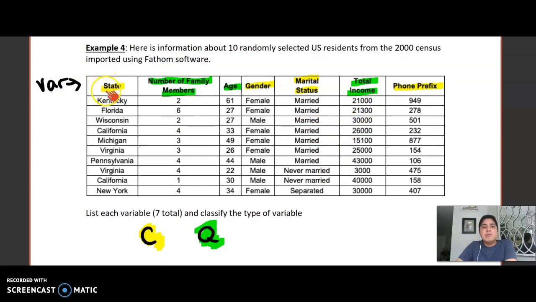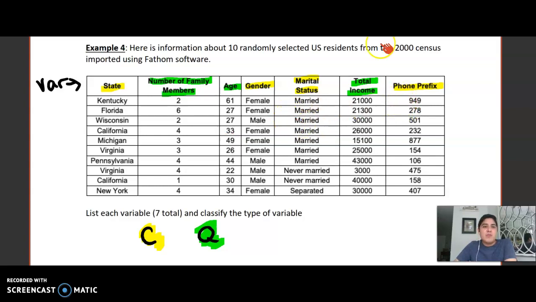Here are variables: the state, the number of family members, age, gender identity, marital status, total income, and phone prefix. Our categorical variables were the state, gender, marital status, and phone prefix, and then our quantitative variables were number of family members, age, and total income. And so you can see here that typically written responses are going to give me categorical data, and numeric responses are typically going to give me quantitative data.